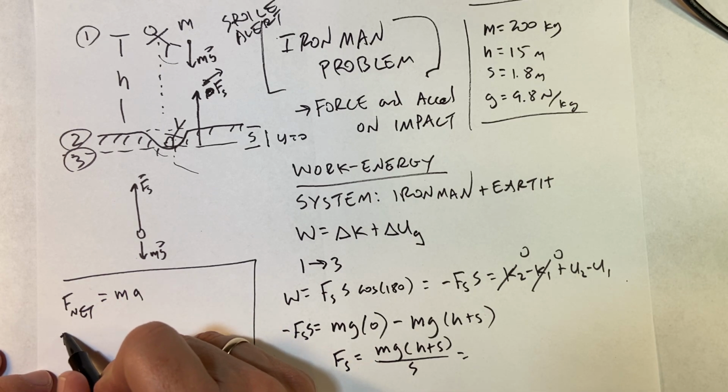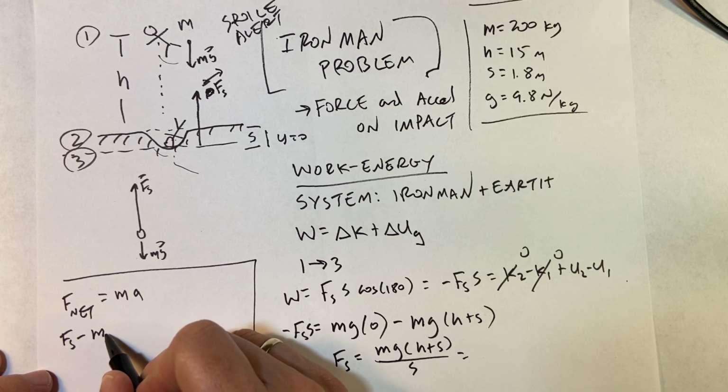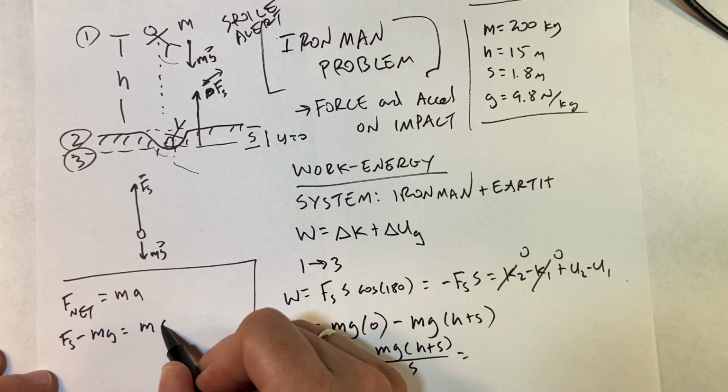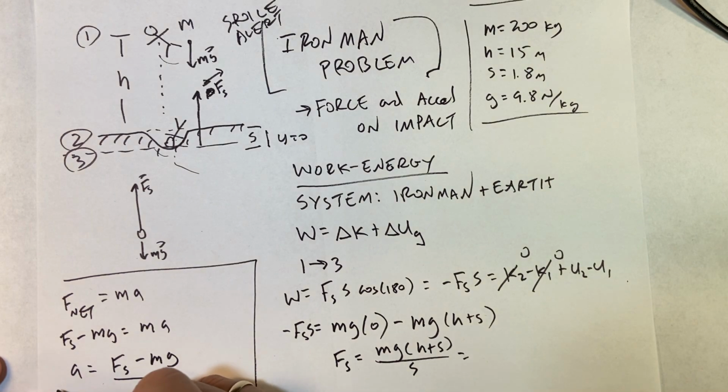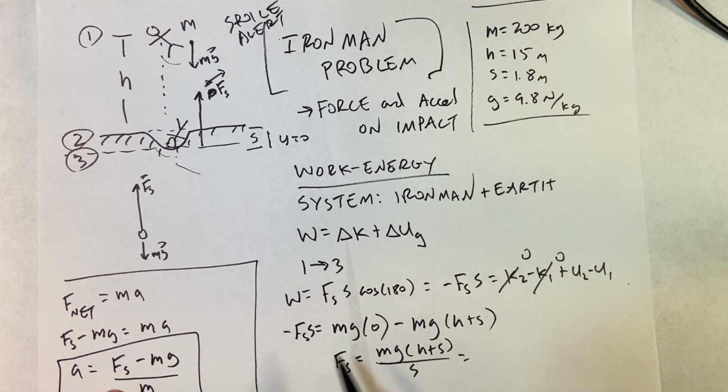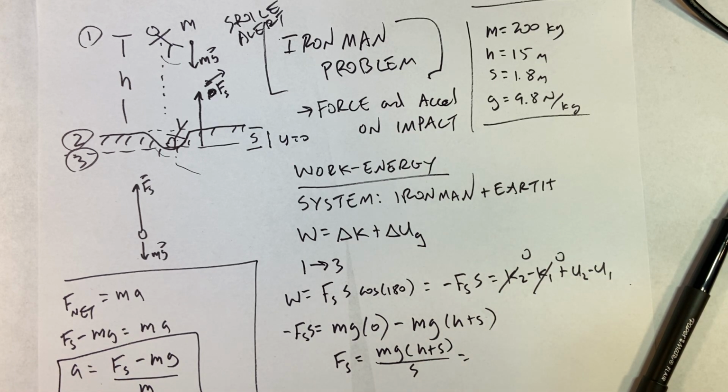So this is going to be Fs minus mg equals ma. So a is going to be equal to Fs minus mg all over m. So I'm going to calculate Fs, I'm going to plug it in here, and then I'm going to find the acceleration. And the acceleration is important because of reasons.